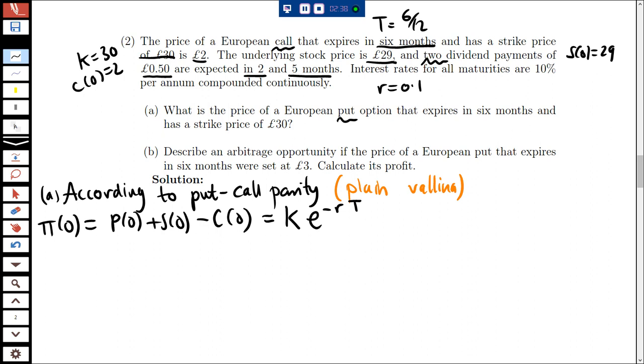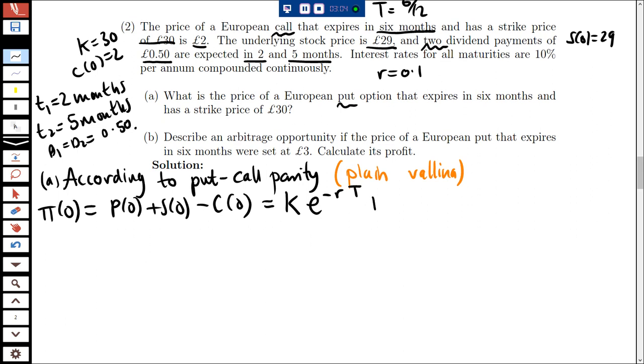Okay, so the dividends we have, let's say T1, 2 months, and T2 is 5 months, and the dividends are 50p. So D1 equals D2 equals 50p.